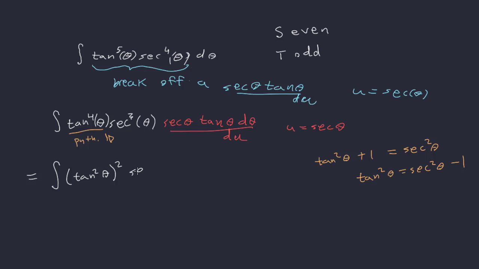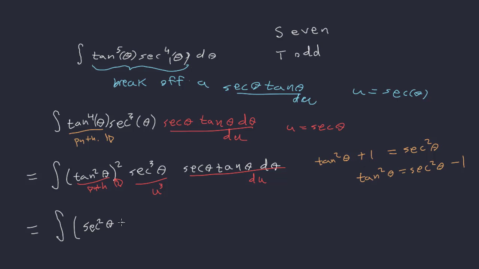I'm going to stop putting all the parentheses just to speed things up. This is still our du. This right here will be u cubed, and this right here we're going to use the Pythagorean identity on. So we'll get secant squared theta minus 1 all squared times secant cubed theta times secant theta tangent theta d theta.